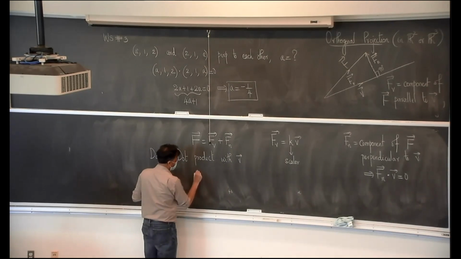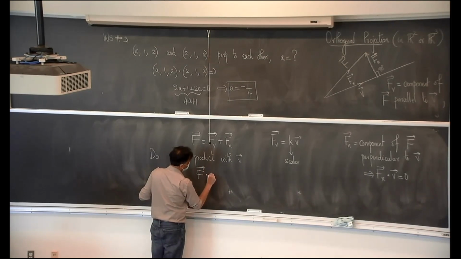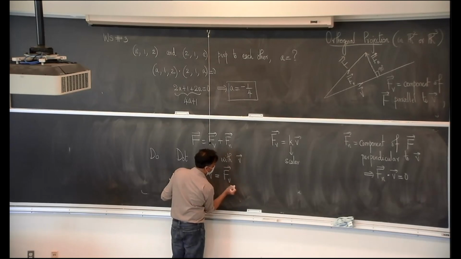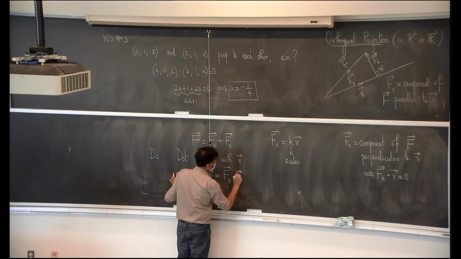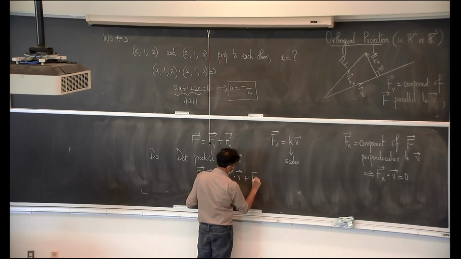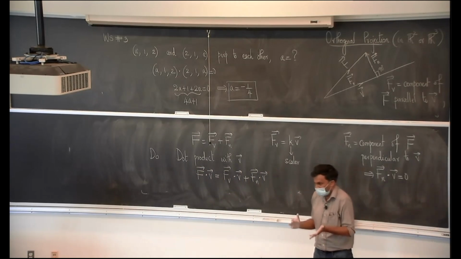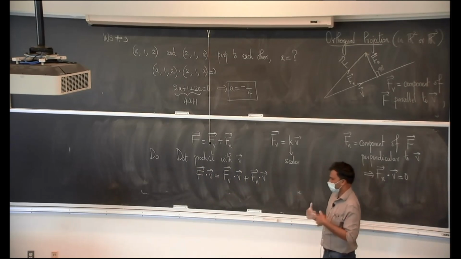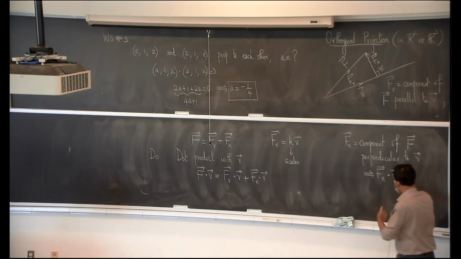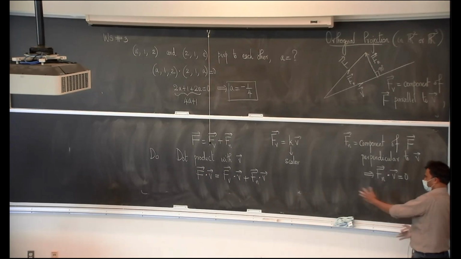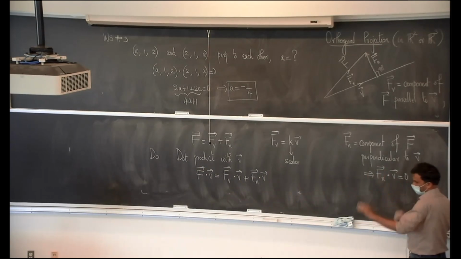So you have F dot V equal to Fv dot V plus Fn dot V. Because we have two things to find, and there is no way we can find both of them at the same time unless we eliminate one of them. And to eliminate Fn, we just dot the entire thing with respect to V. As long as you do it on both sides, that's perfectly fine.